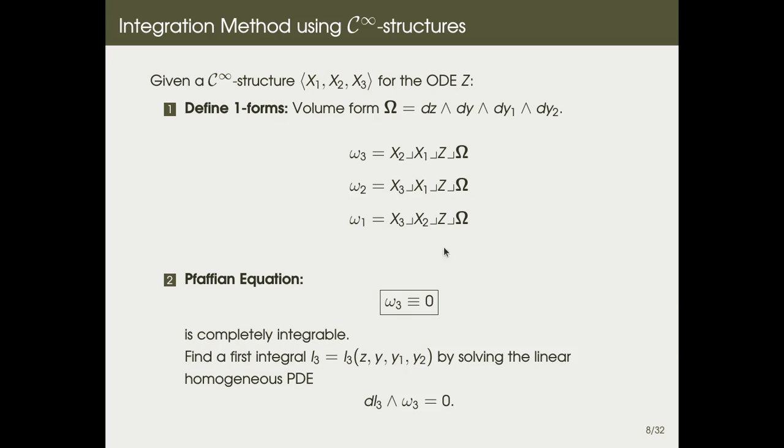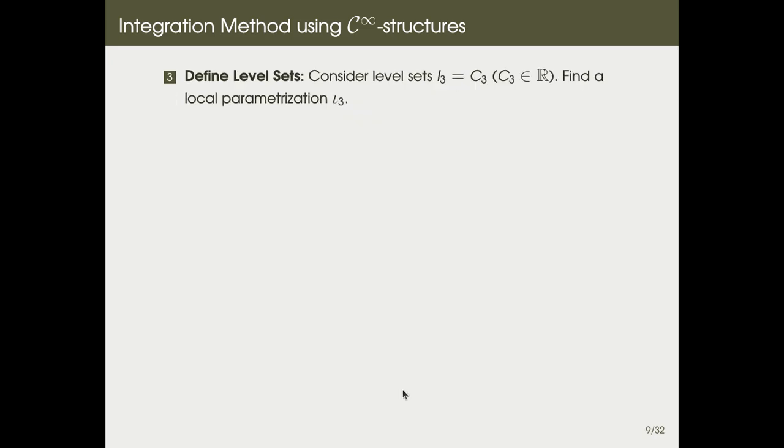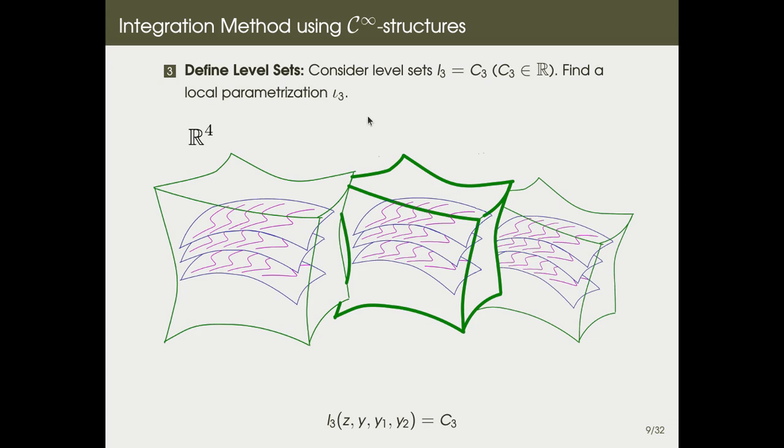The one-form omega 3 is always Frobenius integrable, and we can find a first integral I3 by solving this linear homogeneous partial differential system. Once we have a solution, we consider the level sets I3 equals C3 by fixing a particular value C3, and we find a parameterization iota 3.